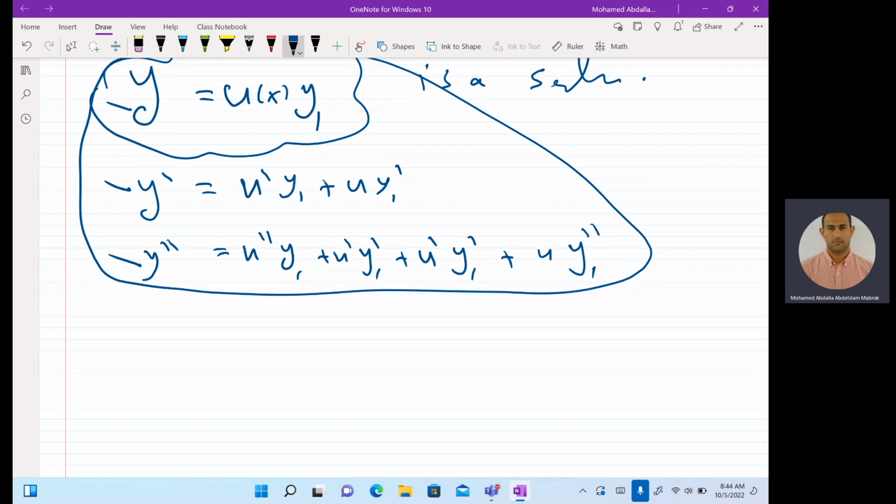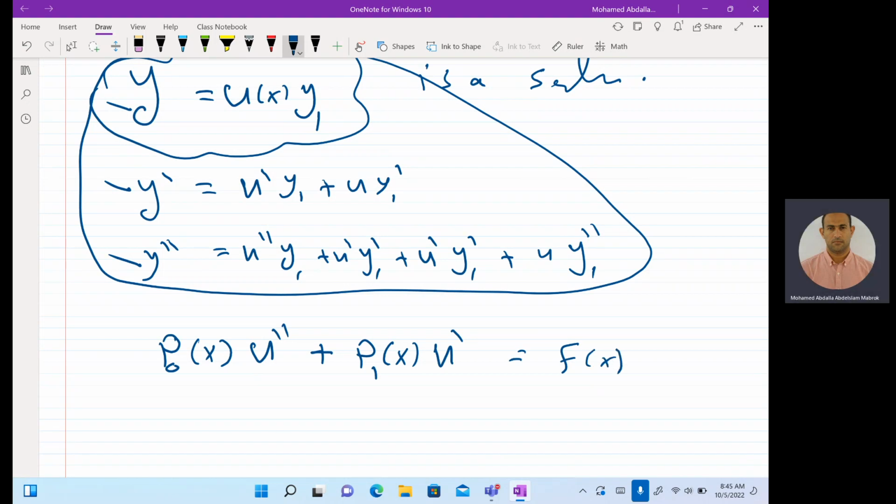So after substituting these in the original equation that you are solving, you're going to end up with some function, let's call it b0 of x, u double dash, plus b1 of x, u dash, equal f of x.